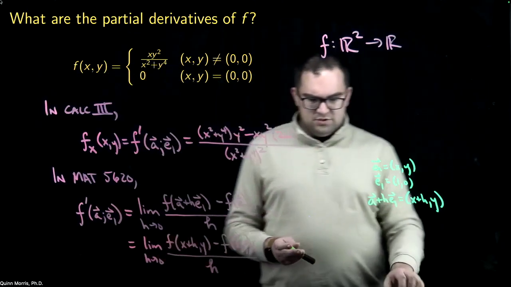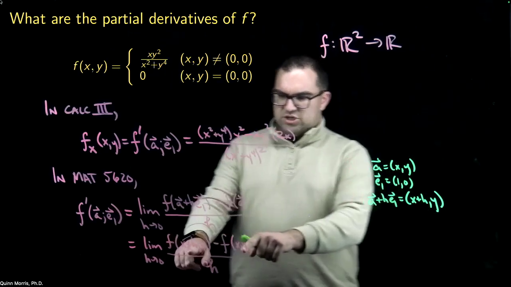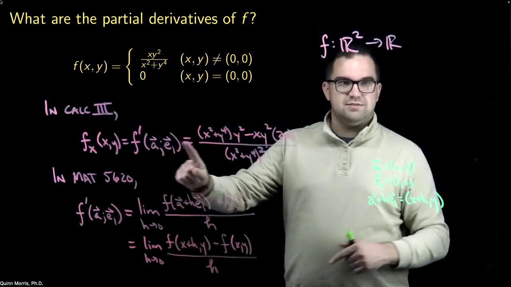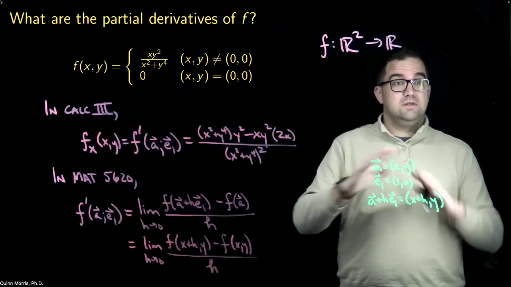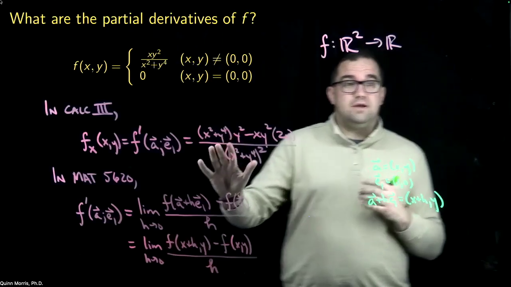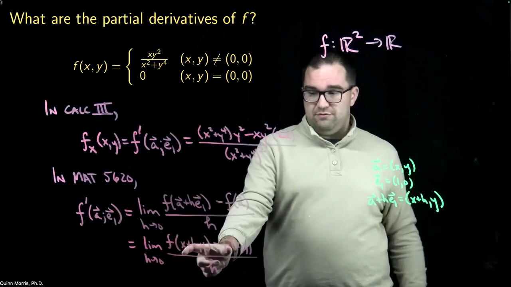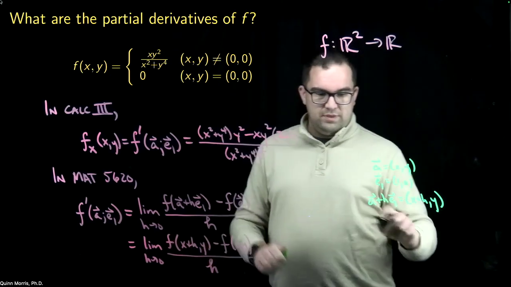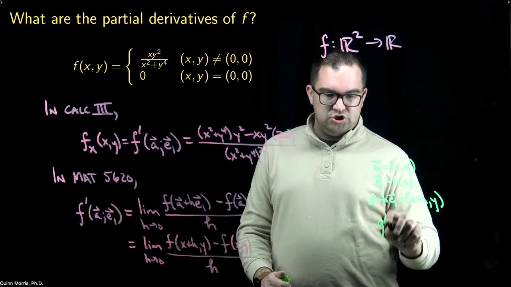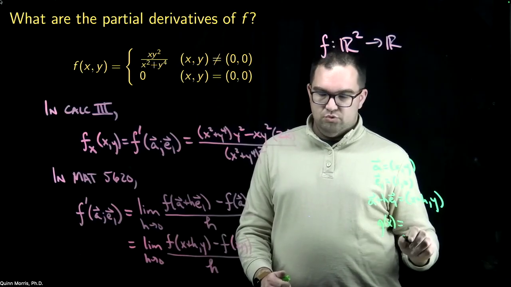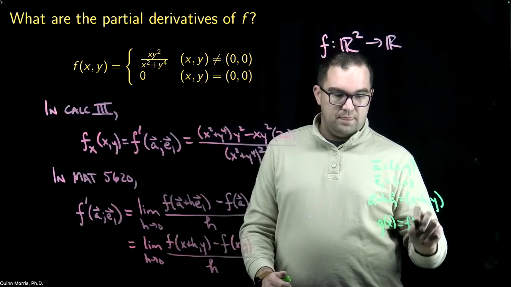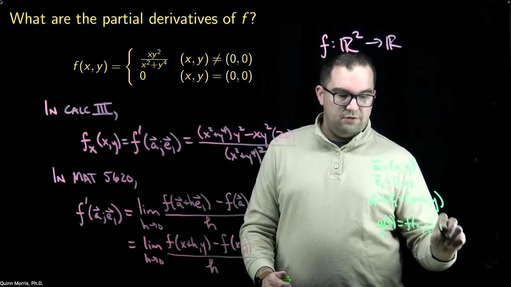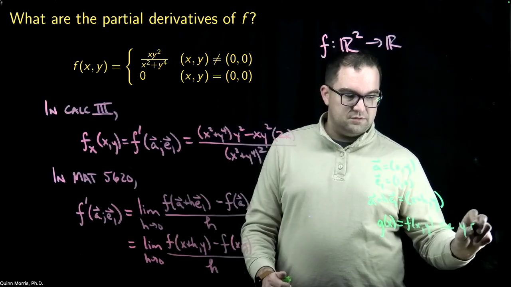And now if I look at this, I could think for a minute, what if the only thing that's changing here is x, and the y's are fixed? Does that sound familiar? Up here, the y's are fixed, and the x is the only thing varying. Now we really can see that in this expression. More formally, define g of x to be the function f of x, y for y fixed.